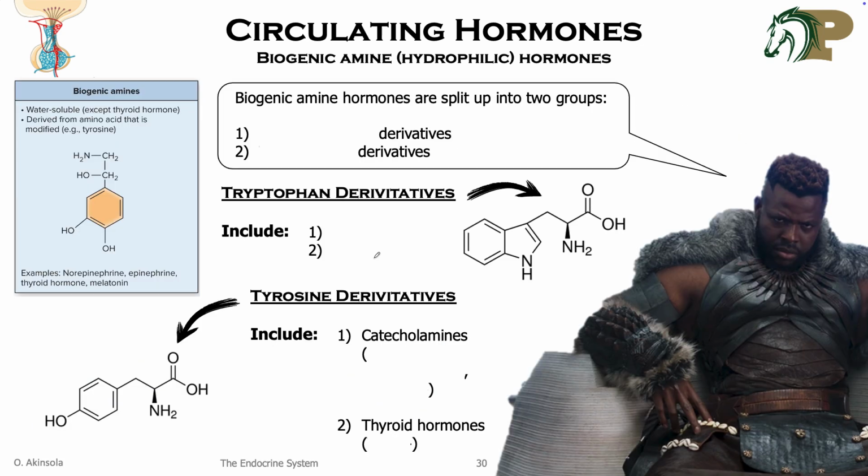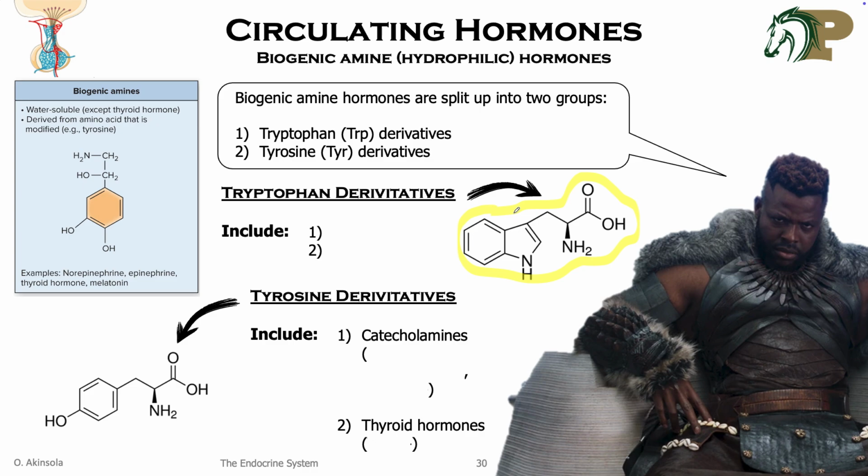Biogenic amines are hydrophilic hormones. These are split up into two groups. We have our tryptophan derivatives. Tryptophan is an amino acid. And then we have our tyrosine derivatives. This is tryptophan over here, so that's what the amino acid looks like. You don't need to know that explicitly, but I just wanted to include that to show you what it looks like.